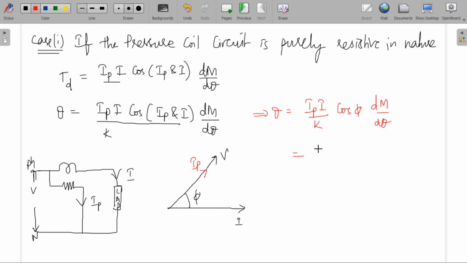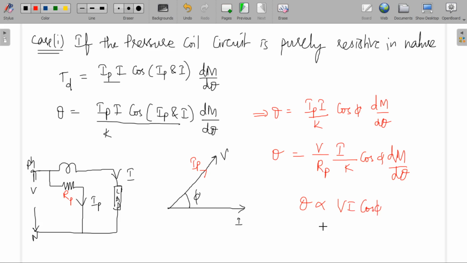Anyhow, IP will be equal to V by RP, if RP is the resistance of this pressure coil. Then V I by K cos phi dM by d theta. So here theta is directly proportional to VI cos phi.